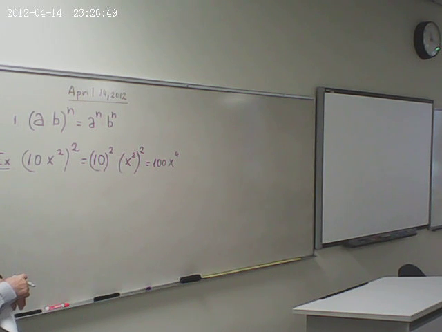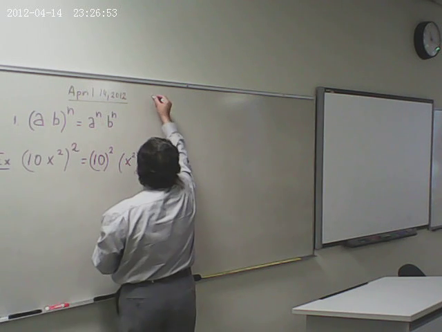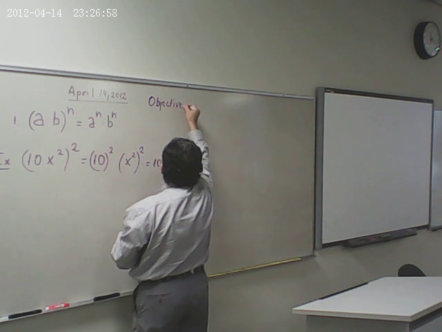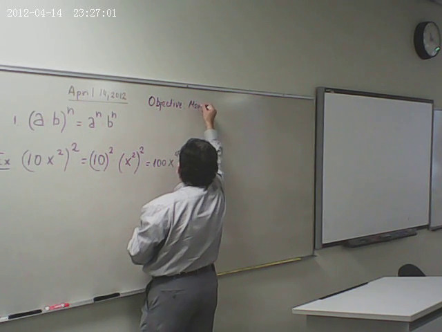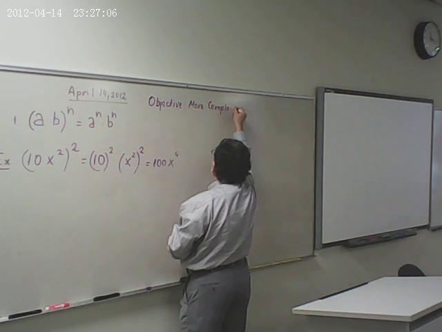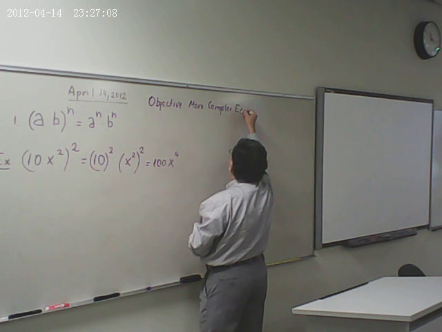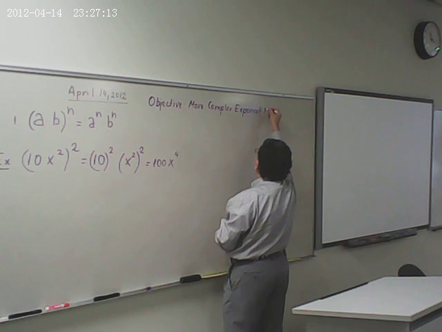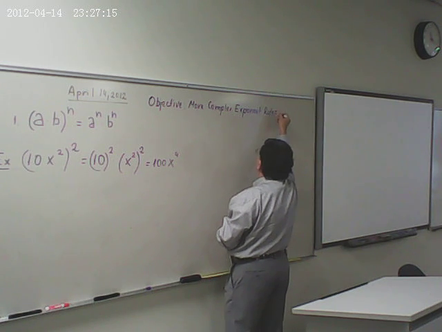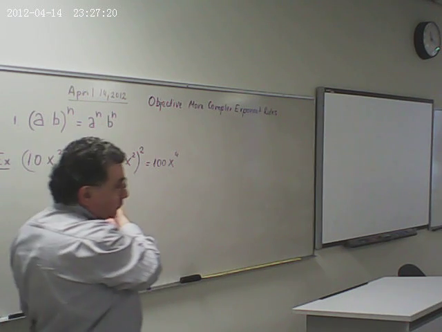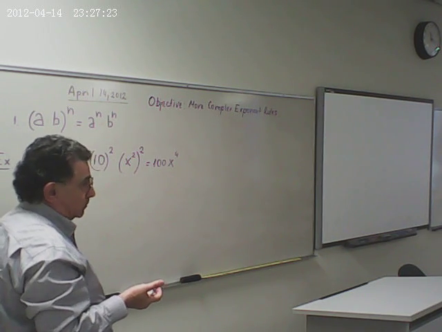So in terms of my first objective, more complex exponent rule, in terms of the complexity, I wouldn't define this rule as a complex rule, right?